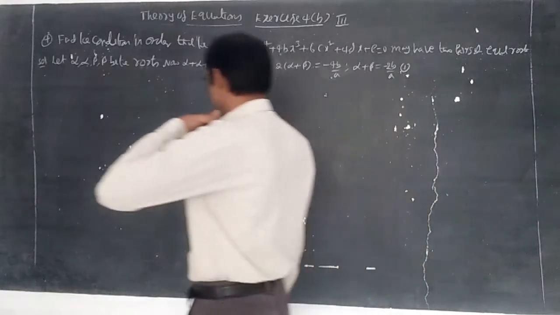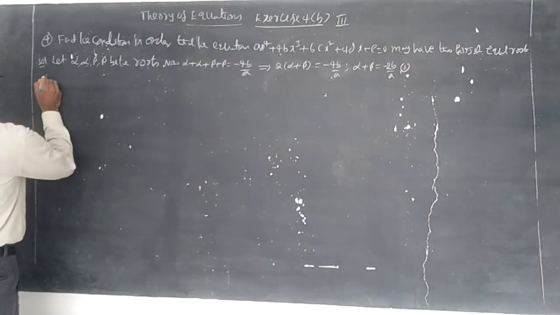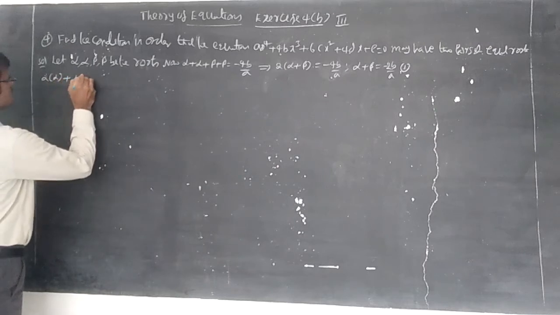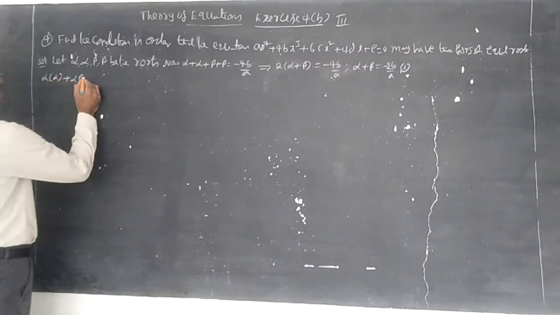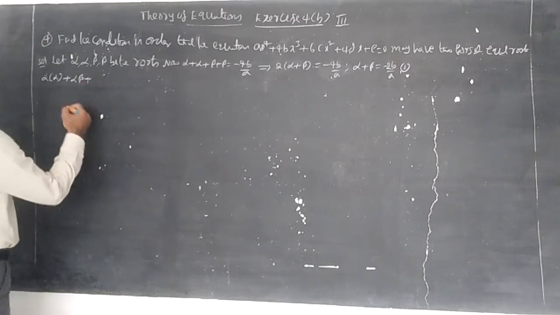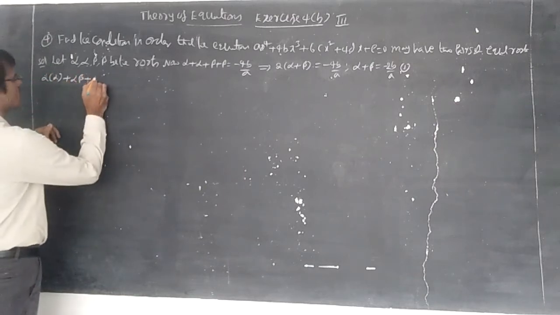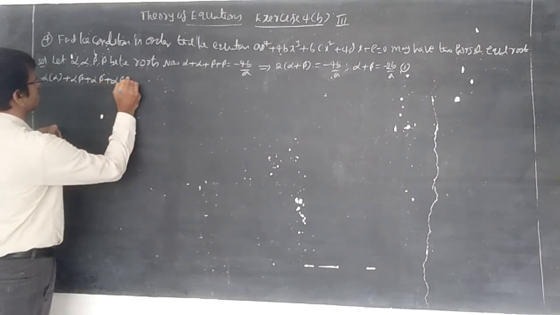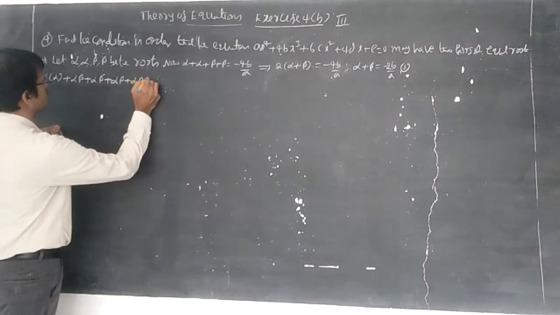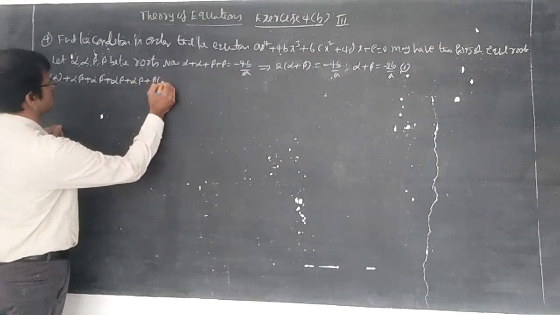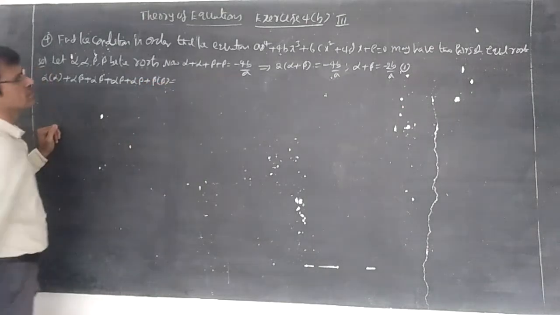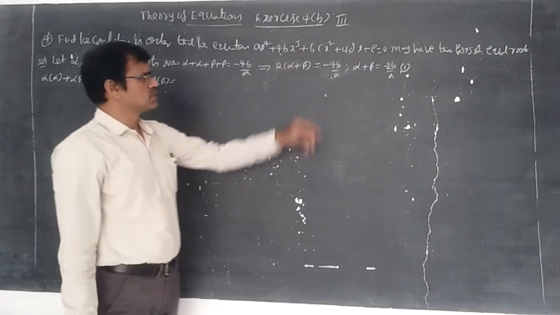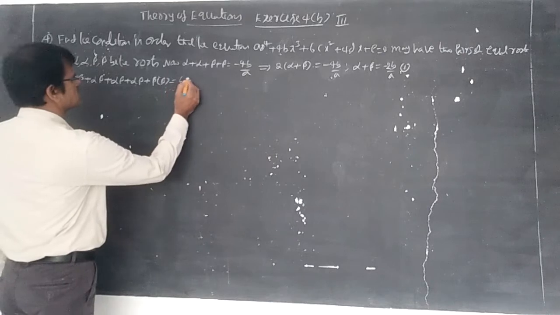Now S1 is completed. S2 means alpha beta plus alpha gamma, alpha delta plus beta gamma plus beta delta plus gamma delta. Counting the terms, 1, 2, 3, 4, 5, 6, it is plus 6c by a.